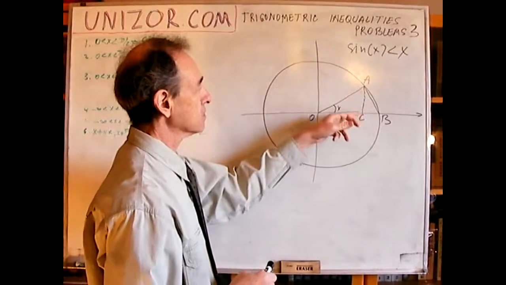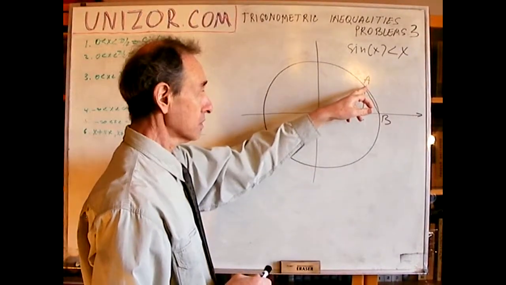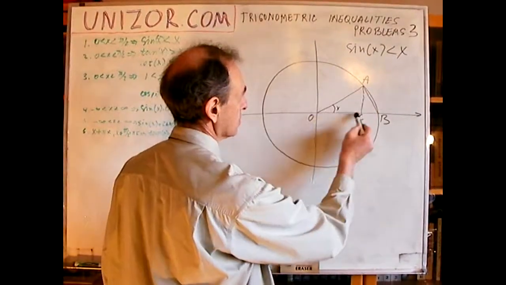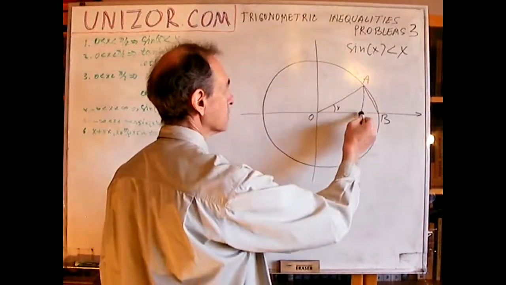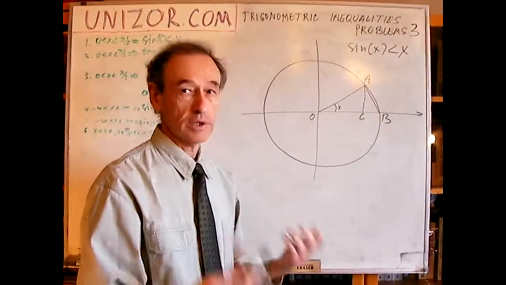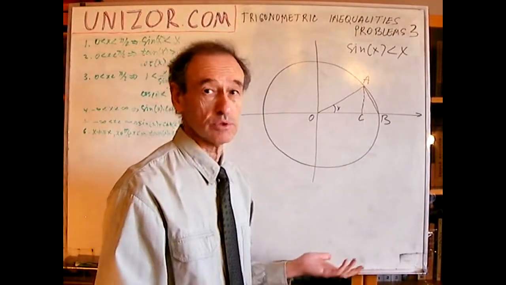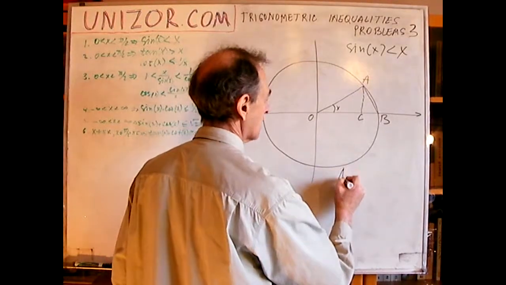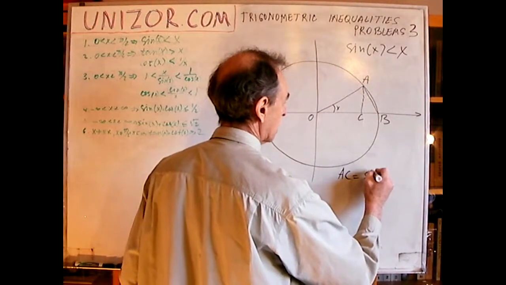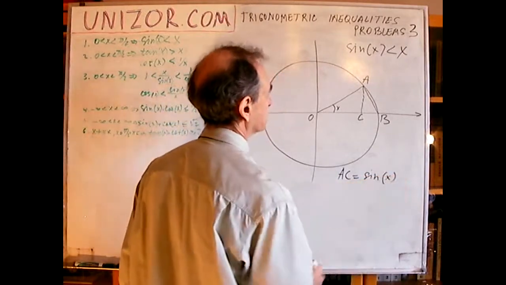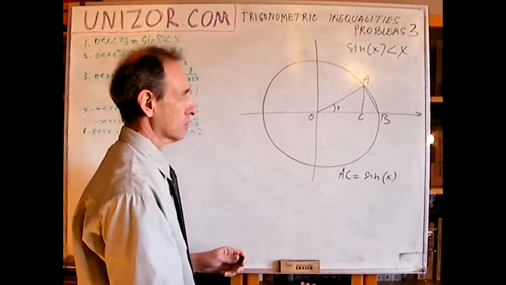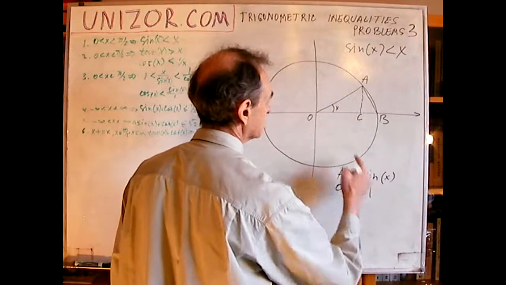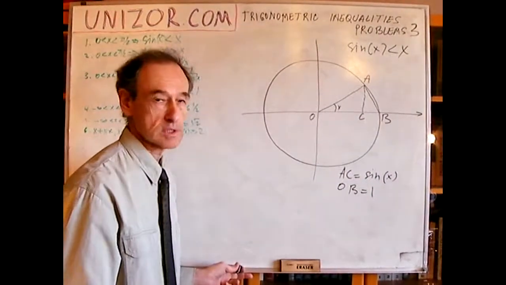Now, this altitude is actually an ordinate of the point A, right? This is ordinate and this is abscissa. So, ordinate of a point on a unit circle is equal to sine of the corresponding angle. So AC is sine of x, where x is an angle in radians. Now OB is equal to 1 because it's the unit circle.